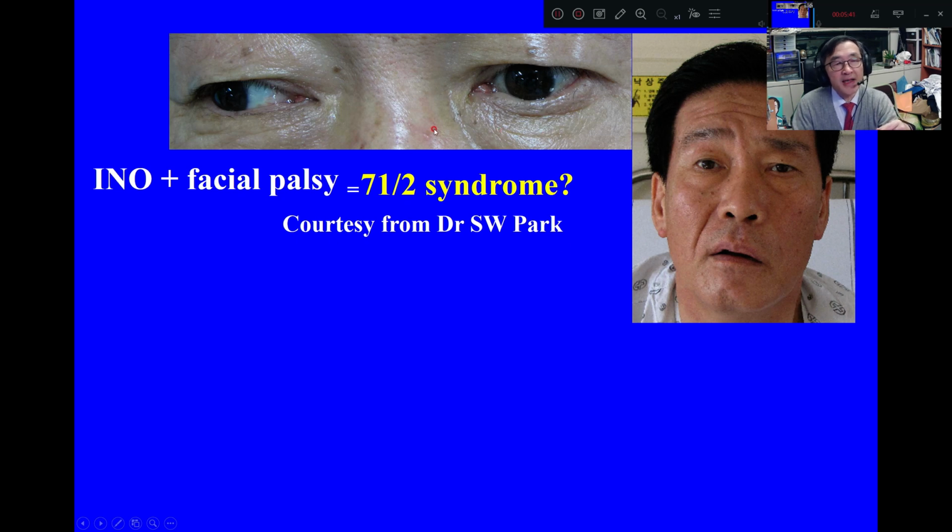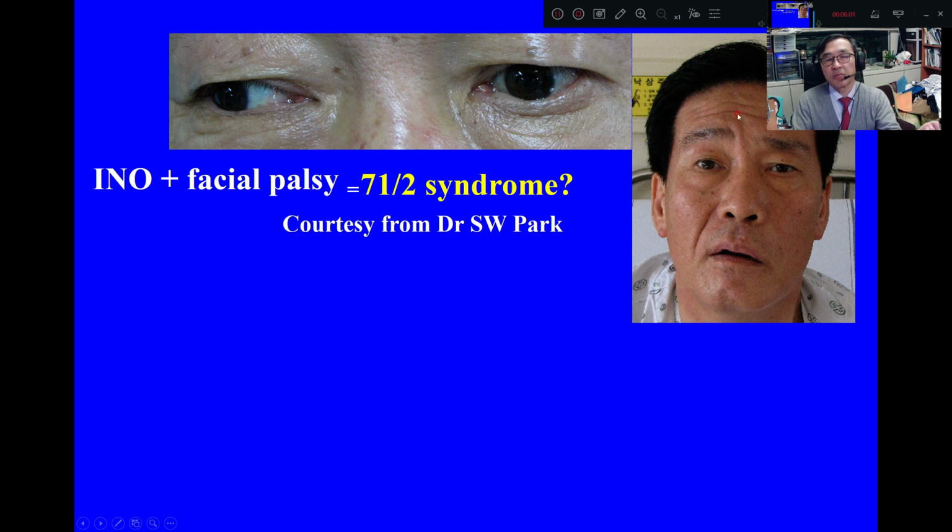This patient shows INO, internuclear ophthalmoplegia. He is looking to the right side; the right eye goes to the right side, but the left eye does not go to the right side. This is INO, internuclear ophthalmoplegia, on the left side. But he also had some facial palsy, peripheral type facial palsy here.